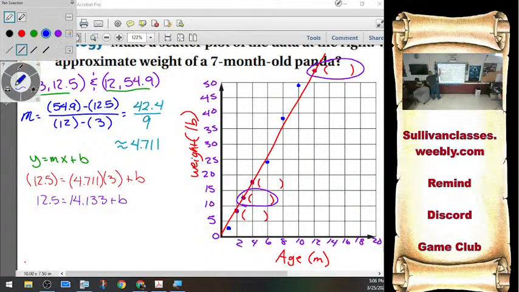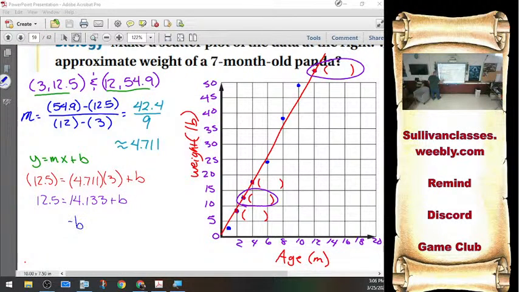Subtract. Get almost negative 1.633. Say it again. 633. Okay.